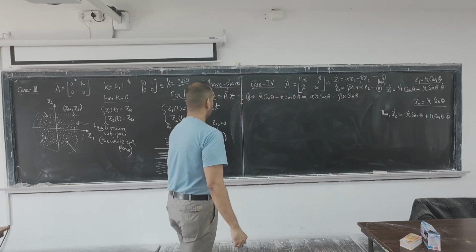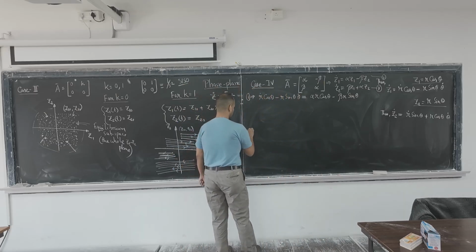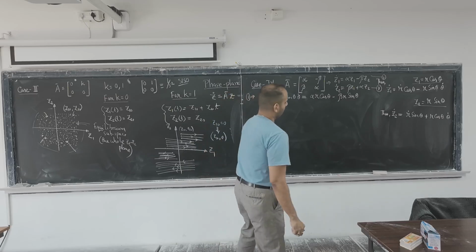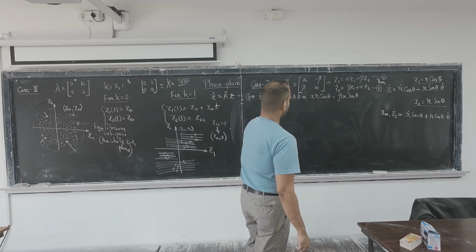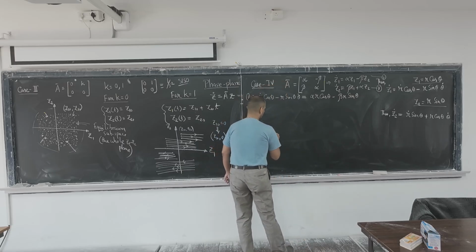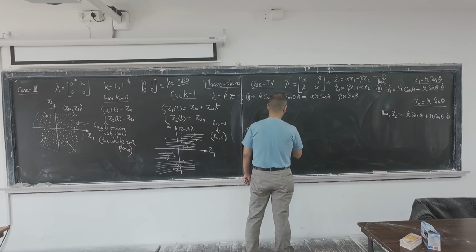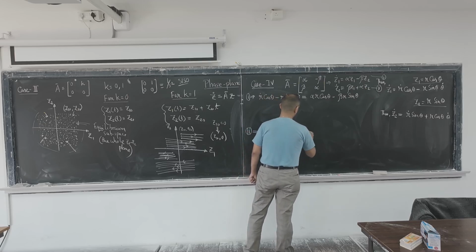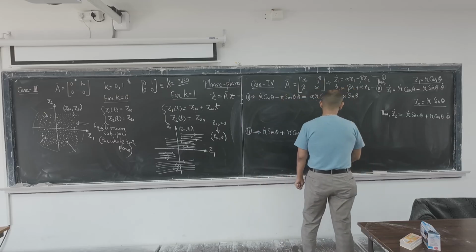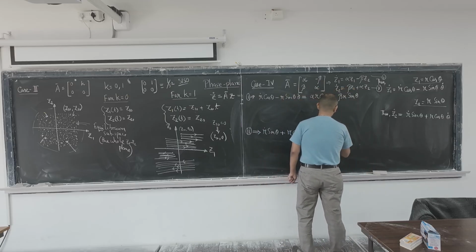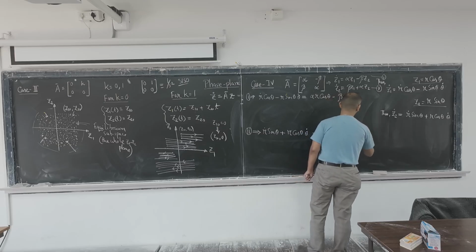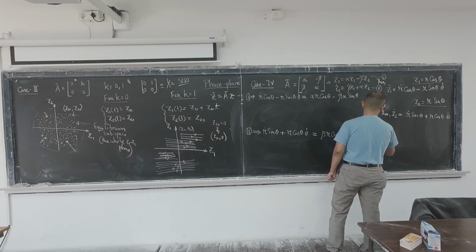Right? That is one. And if I make any mistake, please feel free to tell me. And then z2 dot. So it is r dot sin theta plus r cos theta theta dot equals beta z1. So beta r cos theta plus alpha r sin theta.